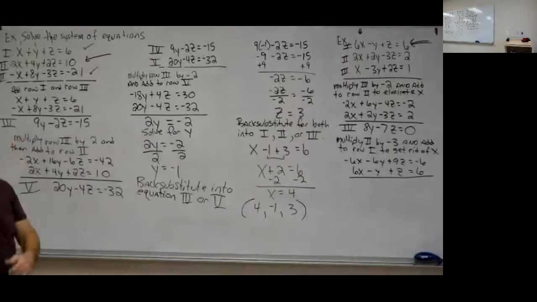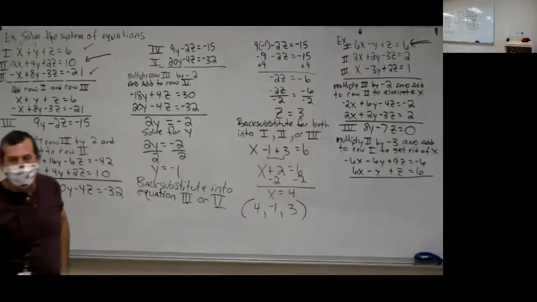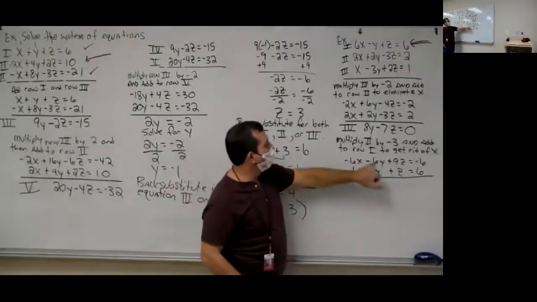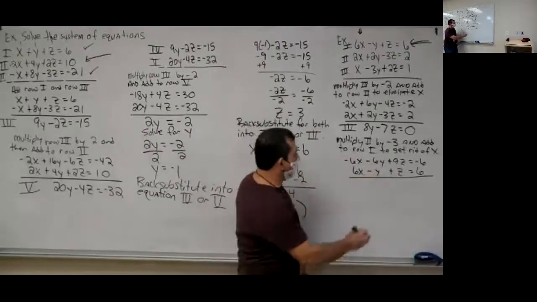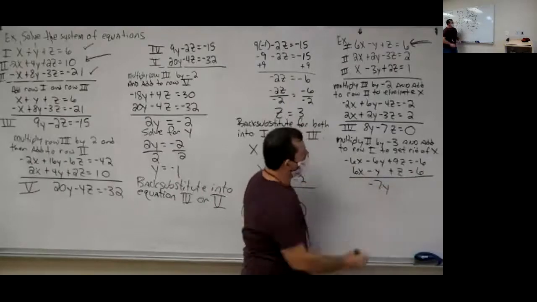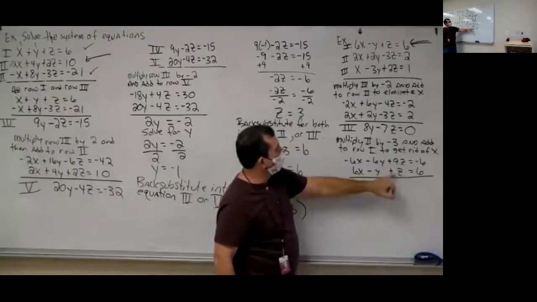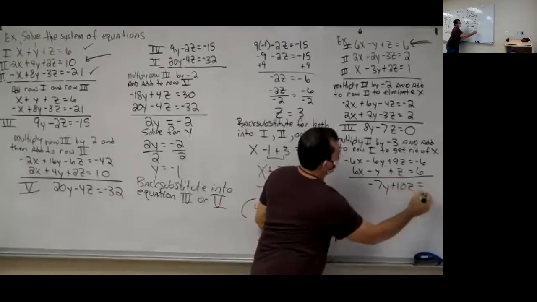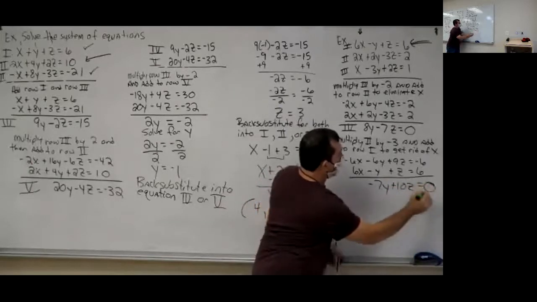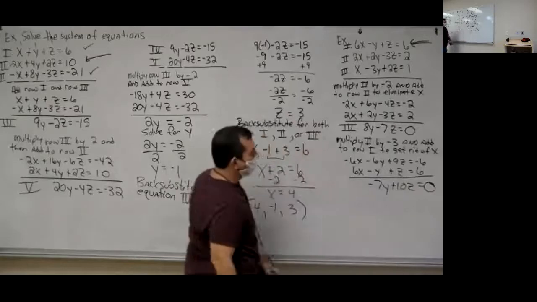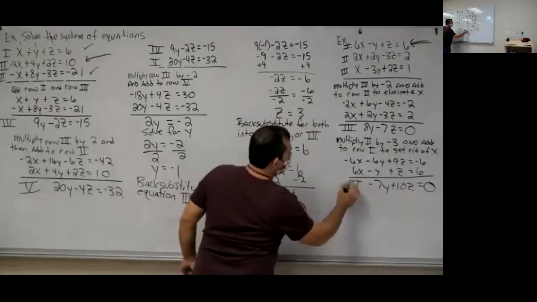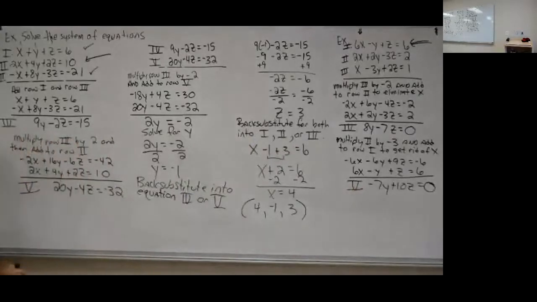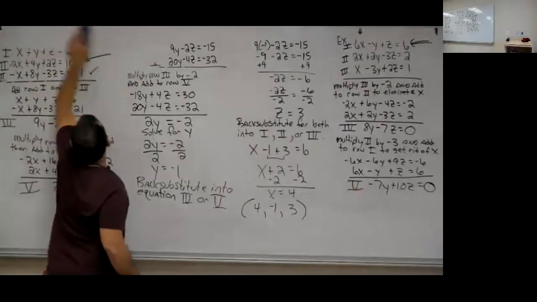Oh, I'm getting lucky on this one, a lot of zeros. These x's cancel. Negative 6y and negative y give me negative 7y. 9z plus 1z gives me 10z. And that's going to equal a big 0. So that looks like that'll be row 5. We got an ugly one here, but it's going to work.